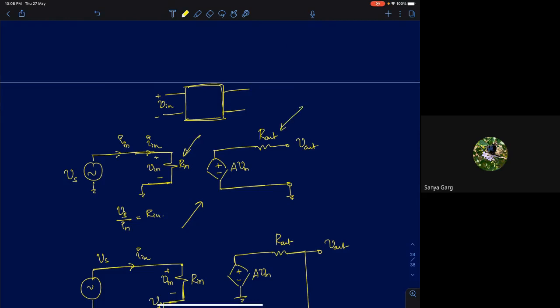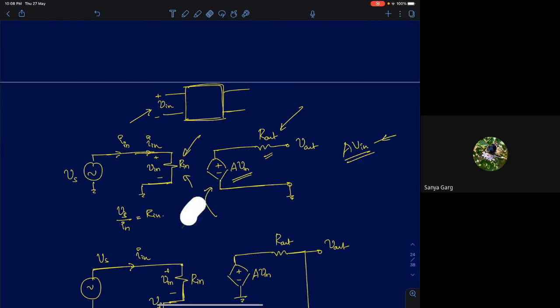Because it's a voltage amplifier, the output can be represented by a Thevenin model, and the open circuit output voltage is given by A times the input voltage V in, the input voltage across the amplifier. So A V in is your open loop voltage, R in is your input resistance, R out is the output resistance.